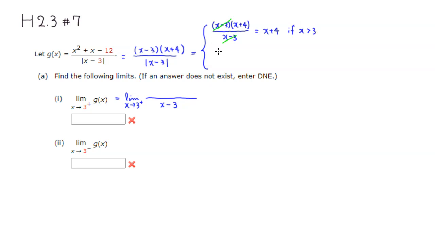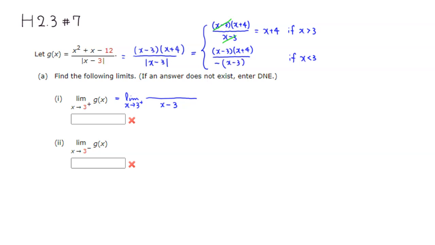All right, then if x is less than 3, the numerator is exactly the same because there's no absolute value. But this time, since x minus 3 would be a negative quantity, the absolute value sign will negate it to turn it into a positive quantity. So it's going to be the same thing as negative x minus 3.